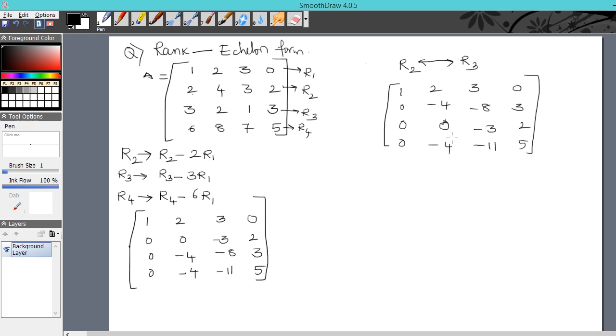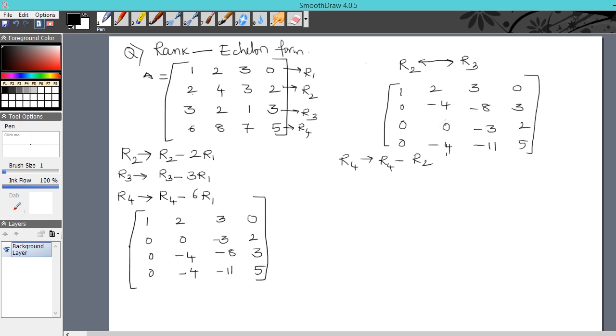Now we have made these three 0, and then we have to make these two as 0. I'm just erasing this and rewriting. Now we have to make this 0, using R2. I'm doing the operation on R4: R4 tends to R4 minus R2.